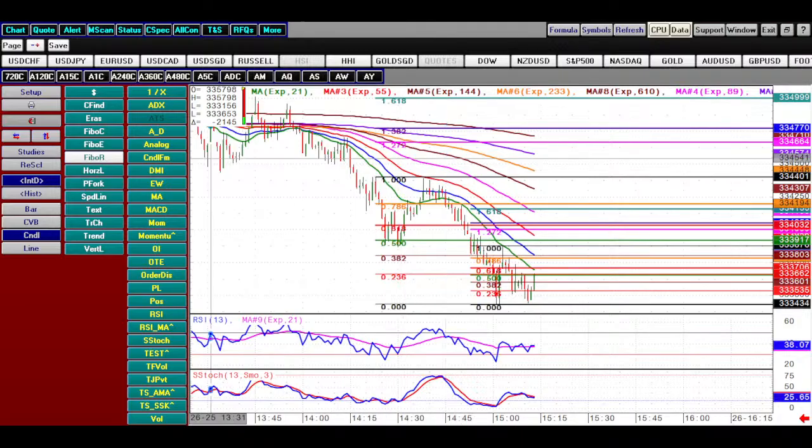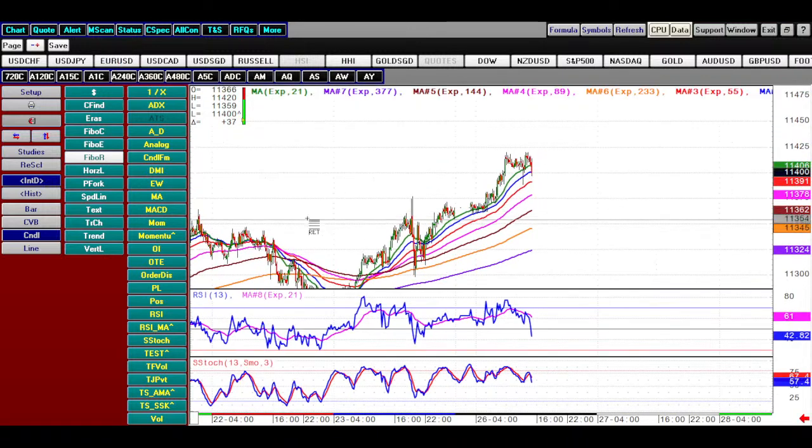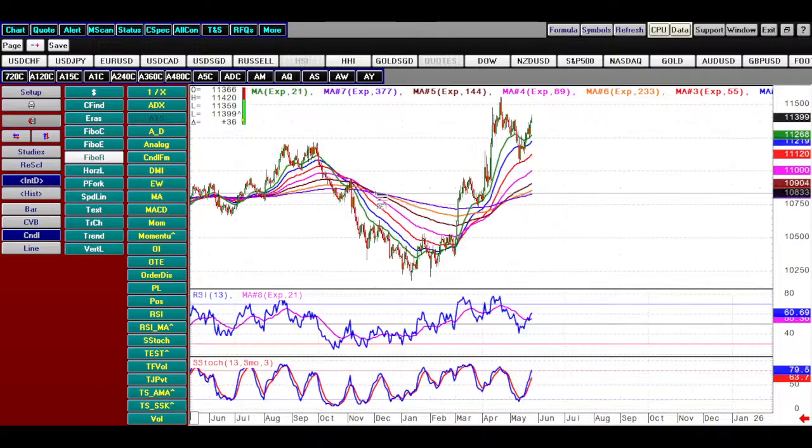Now the next one is we will try to go back to the euro. Okay, the euro, I think just now it was showing up, and right now we are seeing some weakness. So maybe we will see the chart, then at least we know where we stand.